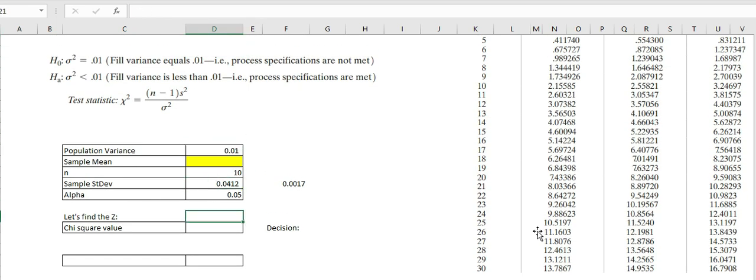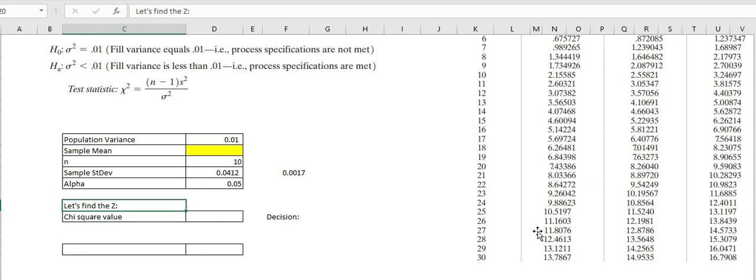So let's try to compute the chi-square value. To compute this chi-square value, since this is one sample, less than one, we have to multiply this one by the standard deviation, this one, and we'll raise that to the second power, over this one.